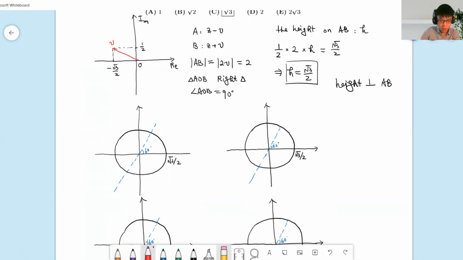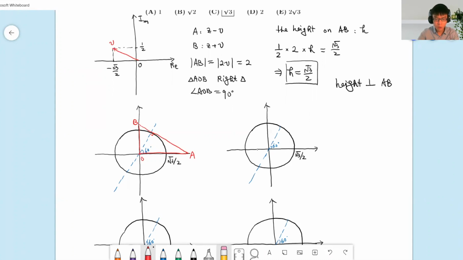Because the right angle is at O, we can draw the right triangle this way. The tangent point is here. In this way, we have the height is the radius of the circle, √3/2. In this way, we got point B on the y-axis, point A on the x-axis. That is the first case.